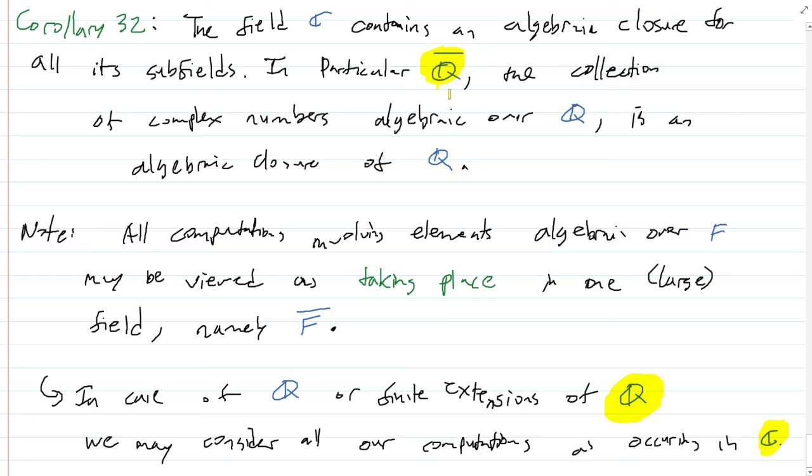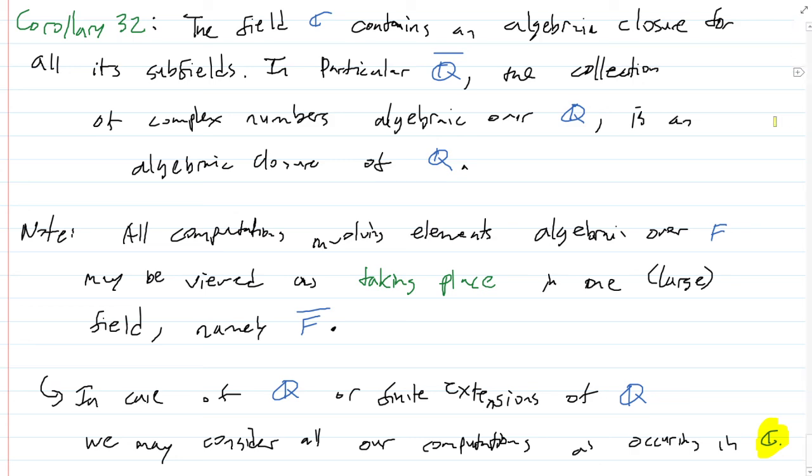You can take the composite field of these finite extensions and they'll still be inside C. Everything is easier to work with because it's happening in the same place.